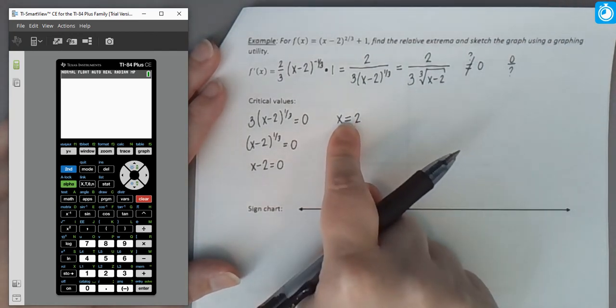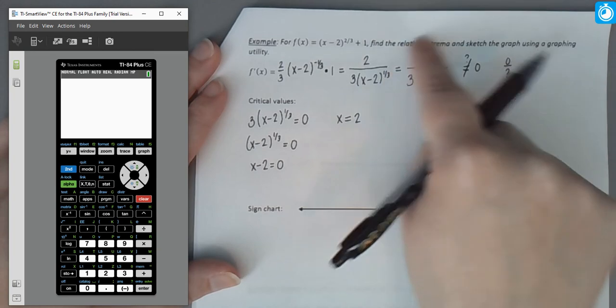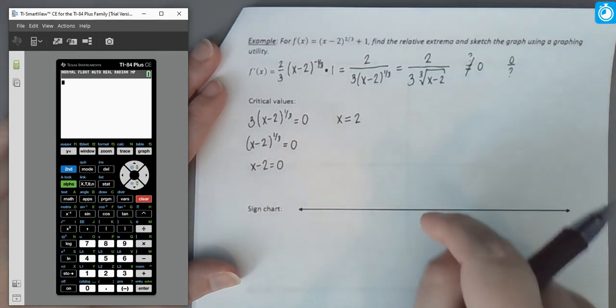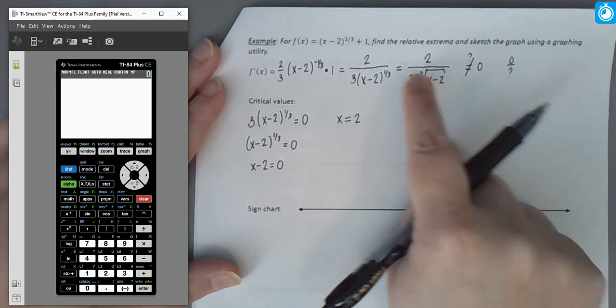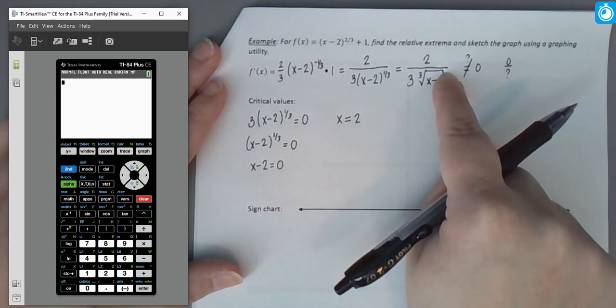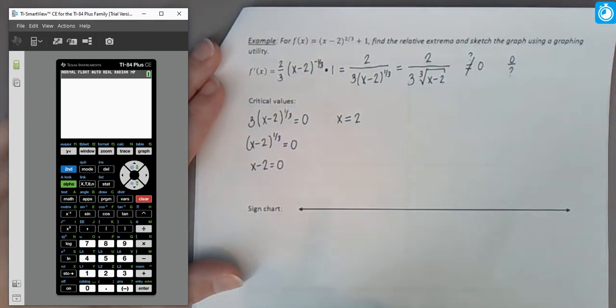So if x equals 2, the derivative is not 0, but the derivative is undefined. If we were to plug in a 2 here or plug in a 2 here, we end up with a denominator of 0, which means the derivative is undefined, which represents a location for a critical value.